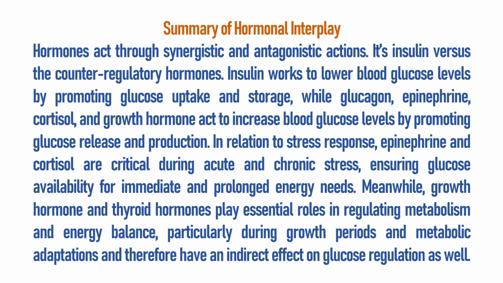In relation to stress response, epinephrine and cortisol are critical during acute and chronic stress, ensuring glucose availability for immediate and prolonged energy needs. Meanwhile, growth hormone and thyroid hormones play essential roles in regulating metabolism and energy balance, particularly during growth periods and metabolic adaptations, and therefore have an indirect effect on glucose regulation as well.